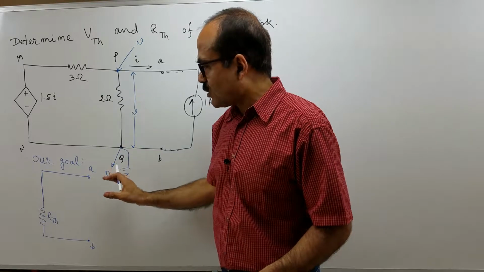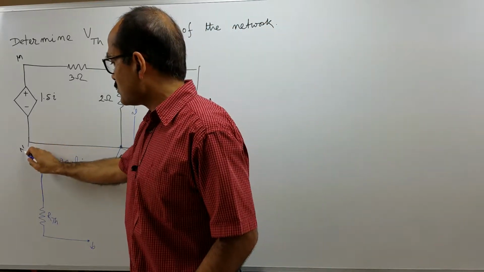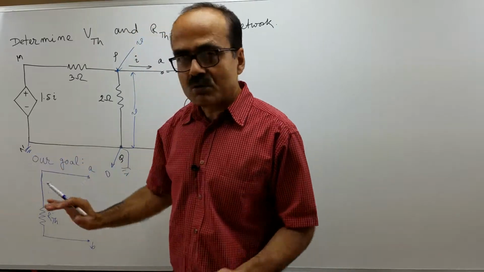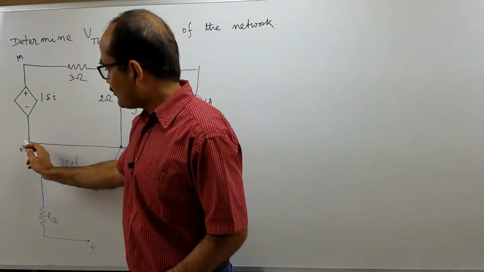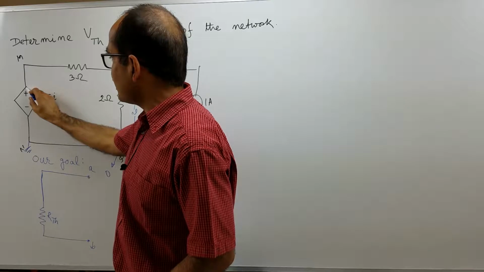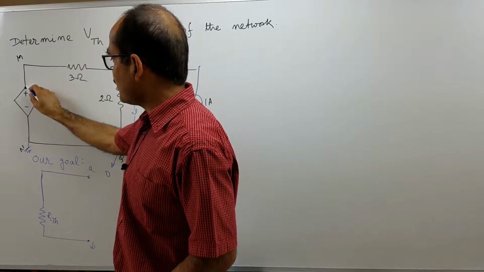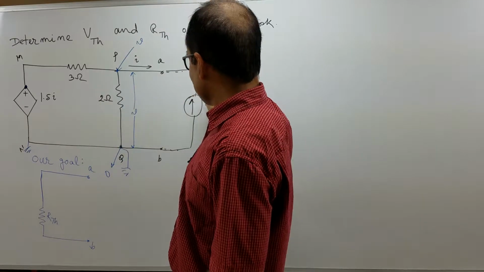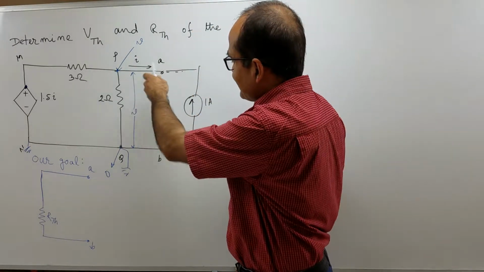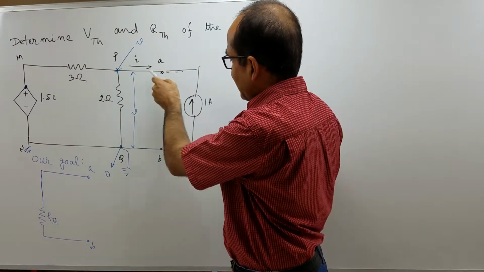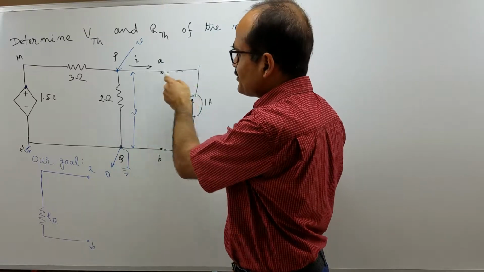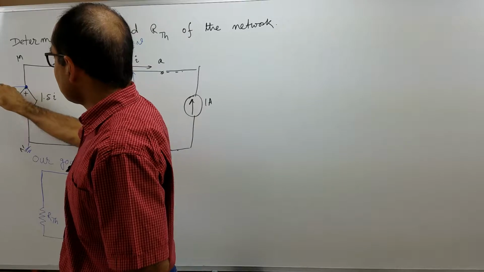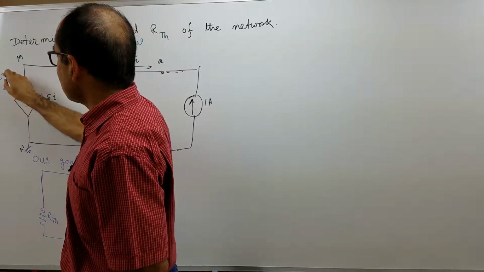As Q is grounded, N is also grounded, so both N and Q have a potential equal to 0. As this potential is 0, the potential of this point is 1.5 I. Now, I in this case is minus 1 because I is shown flowing in this direction and actually the current is flowing in this direction. So, I is equal to minus 1. So, potential at this point is 1.5 times minus 1.